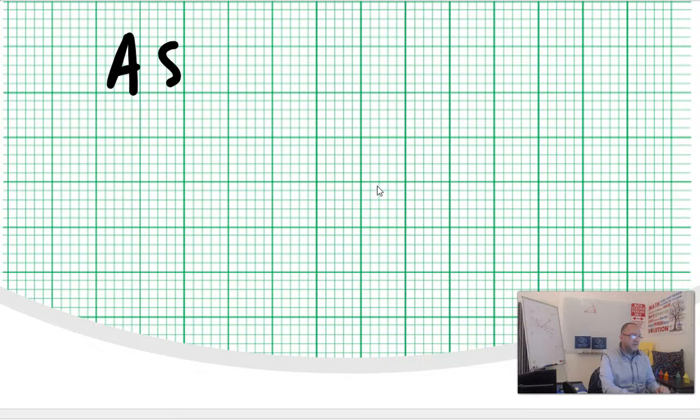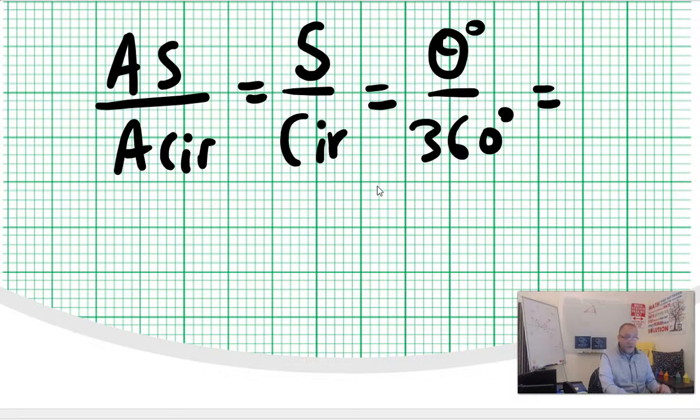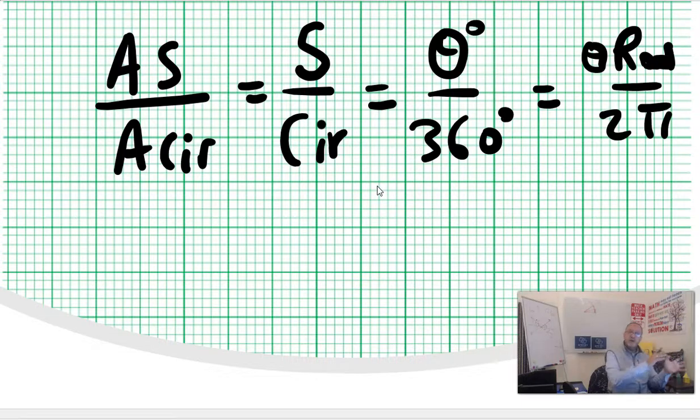We said area of a sector divided by area of circle equals the arc length divided by the whole circumference, which is proportional to theta in degrees divided by 360 degrees, equal to the angle theta in radians divided by 2 pi. And we can choose whichever fraction or equivalent fraction we need in order to calculate the fourth element.